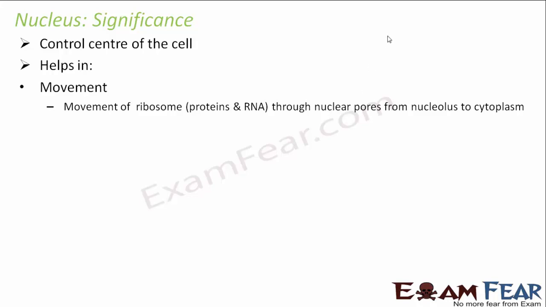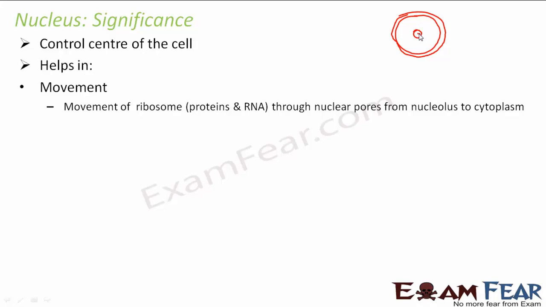Now I mentioned in one of our previous slides that let us suppose this is the nucleus, this is the nucleolus, and this is my nuclear membrane. So this is the double layered nuclear membrane and this is the nucleolus. We saw that the ribosome, which is another cell organelle, is formed inside the nucleolus. Now once the ribosome is formed inside the nucleolus, it has to be transported outside, right?